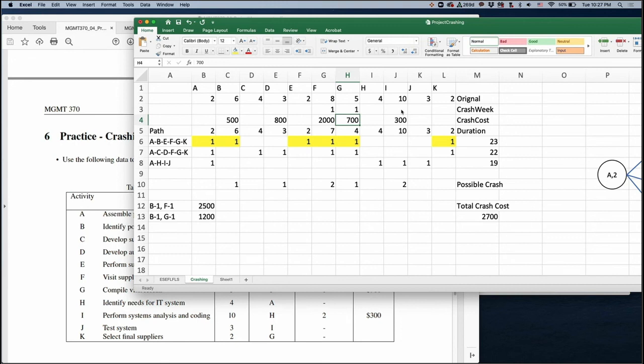Or you just crash activity F by 2 weeks. The total cost is 4,000. So out of this whole scenario, you have to spend more money to crash, but however, with this combination you can crash B and G by 1 week respectively. Then your total crashing cost is 1,200. So this is your best scenario.